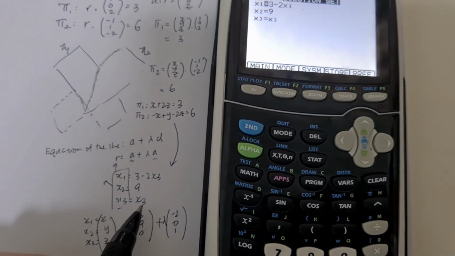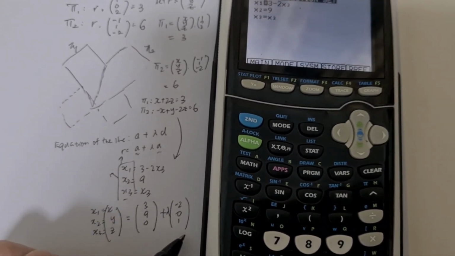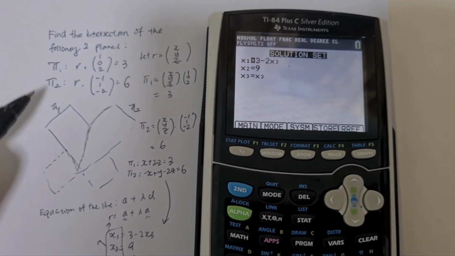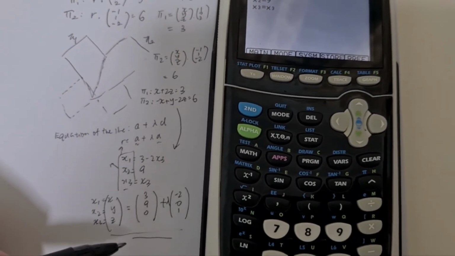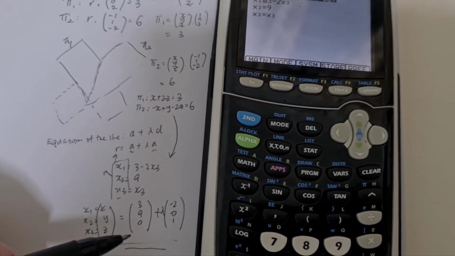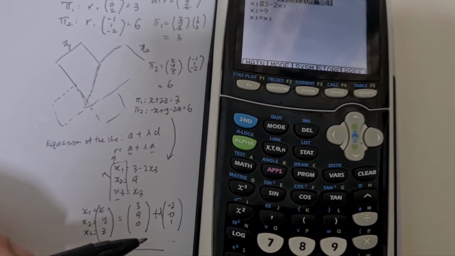My x3 on the left-hand side is lambda instead. So this is the final answer to the intersection of the two planes: 3, 9, 0 plus lambda times -2, 0, 1.